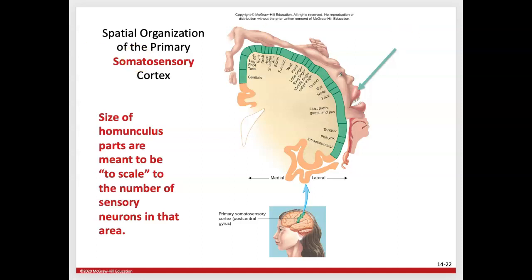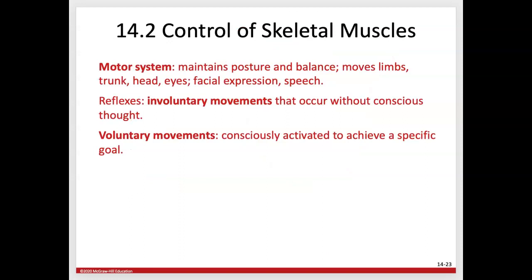We'll do this related to motor in a couple of slides as well. So, control of skeletal muscles. The motor system maintains posture and balance, and moves the limbs, trunk, head, eyes, facial expression, and speech. Our reflexes are involved in involuntary movements that occur without conscious thought.